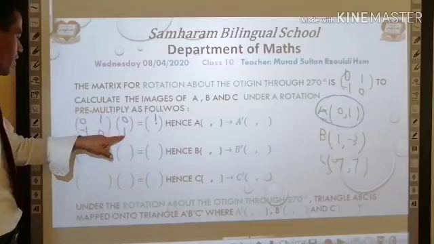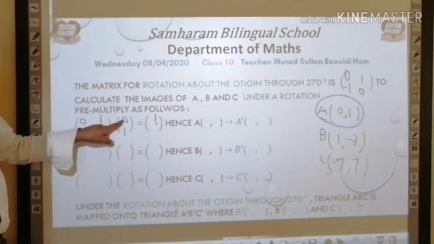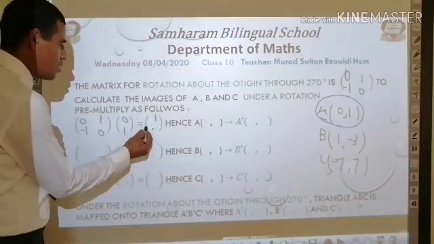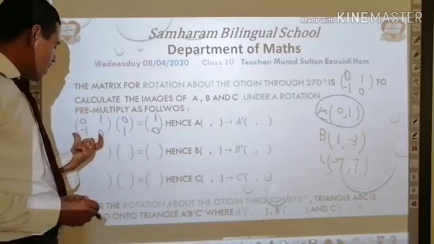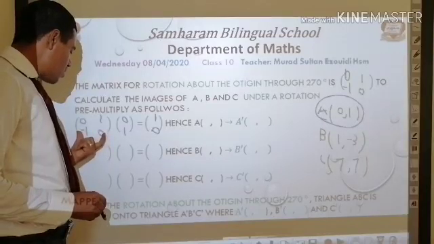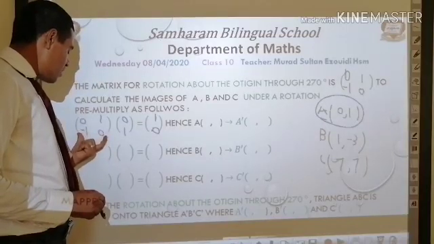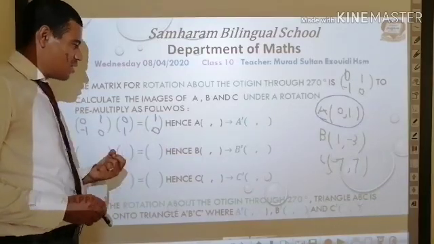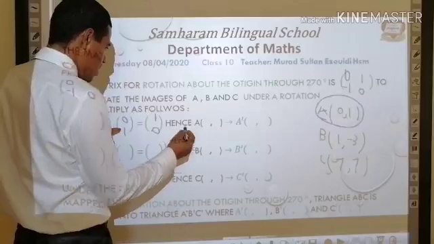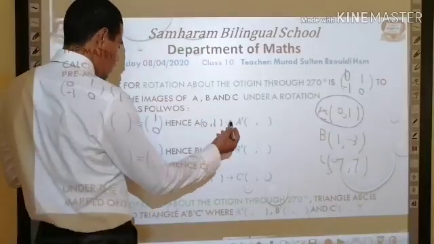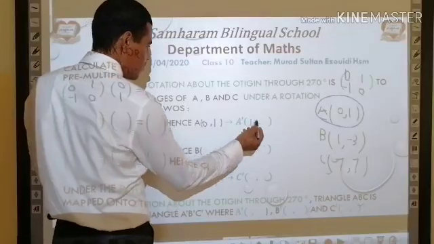Then minus 1 multiplied by 0 is 0, plus 0 by 1 is 0. 0 plus 0 is 0. Now, I used the matrix for rotation about the origin through 270 degrees counterclockwise of this point. I found the image. This means that A of coordinates 0, 1 maps to A prime of coordinates 1, 0.